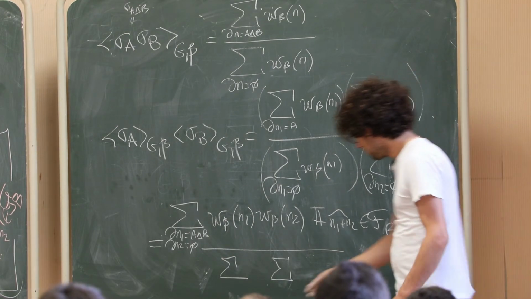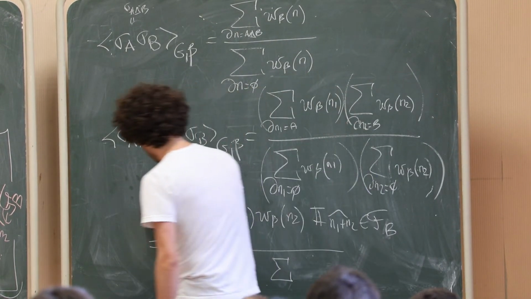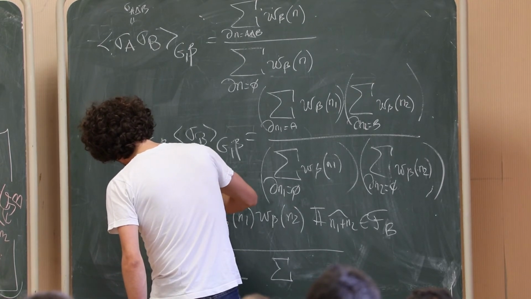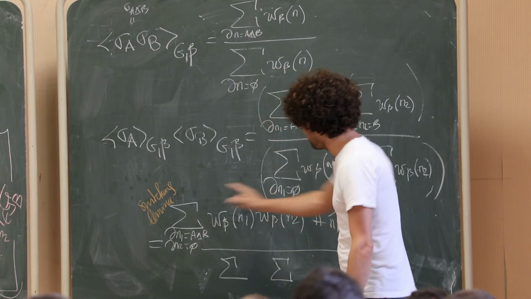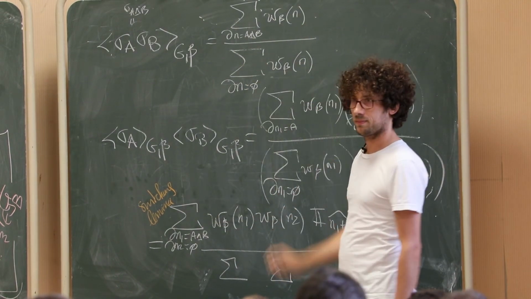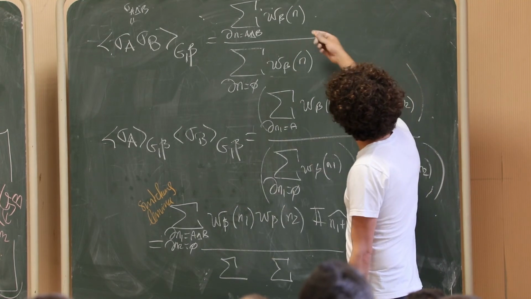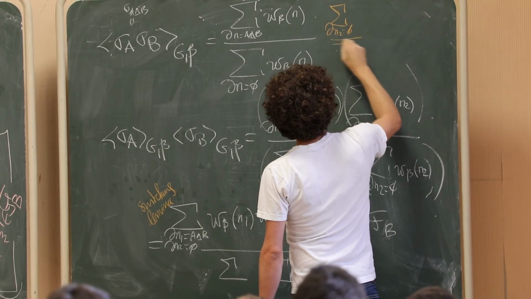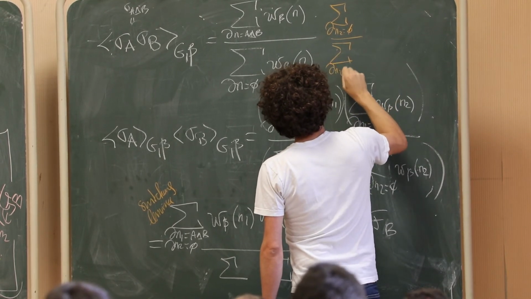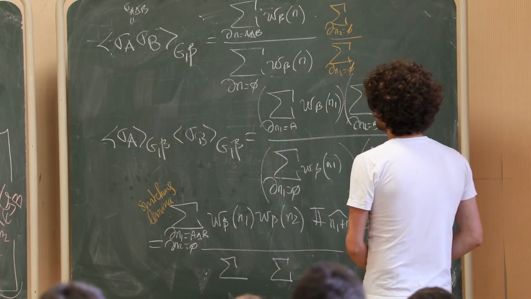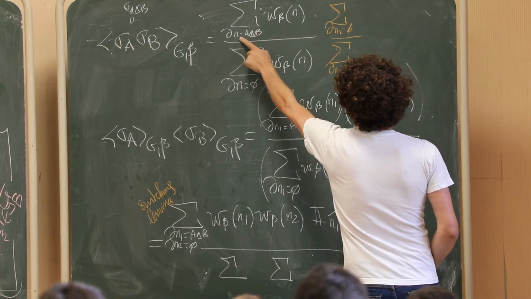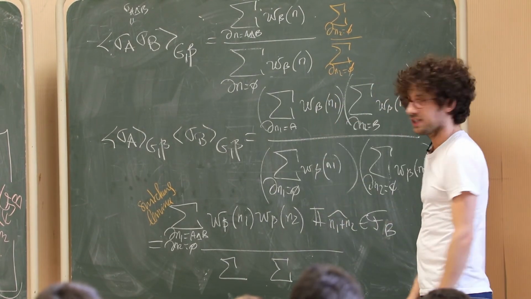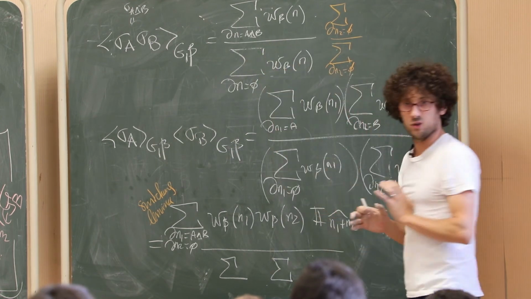So this is a switching lemma. How can I relate this quantity to this one? Well, here what I can do is add a dummy variable, and I get a ratio over currents N1 with sources the symmetric difference of A and B, currents N2 with no sources, divided by two currents with no sources.